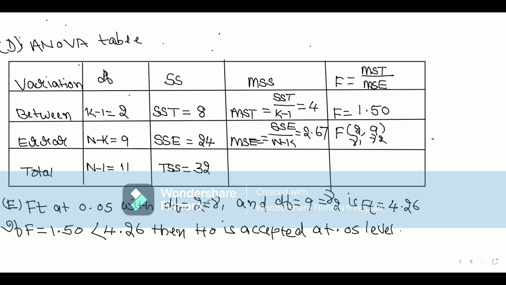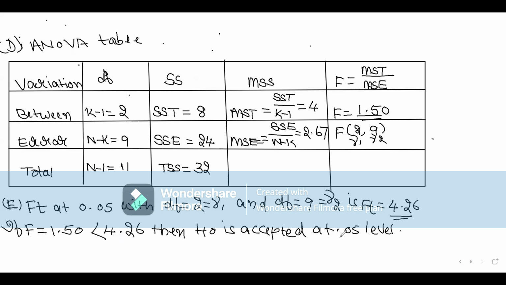In the table you can see 2 and 9, it gives 4.26. Now you compare this value with the calculated F value. F equals 1.5, compare with 4.26. 1.5 is smaller than 4.26, means the calculated value of F is smaller than the table value.